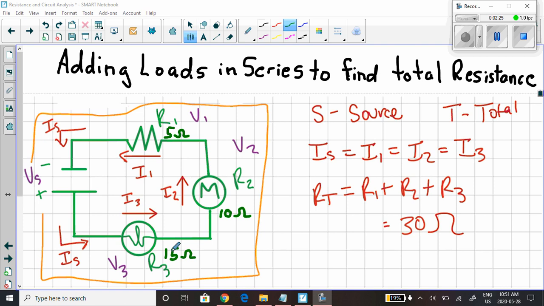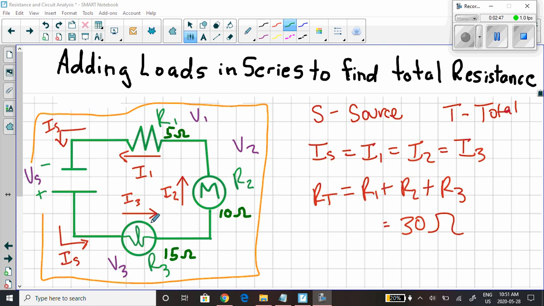Well, let's say that we have a resistor here. It would heat up if current goes through it, and it has a resistance of 5 ohms. Let's say we have a motor here, and it has a resistance R2, say 10 ohms. And let's say we have a light bulb here, and we're going to name that resistance R3 of 15 ohms.